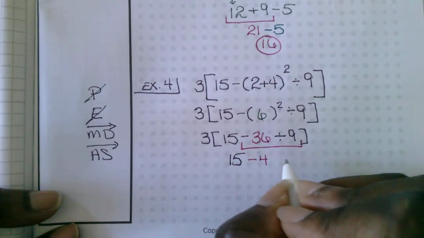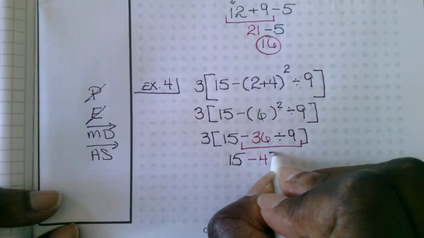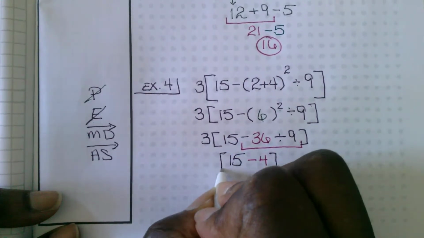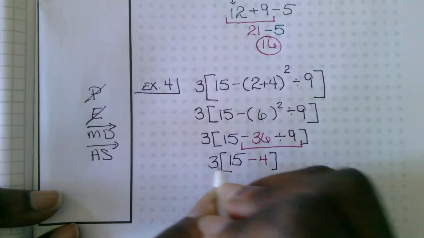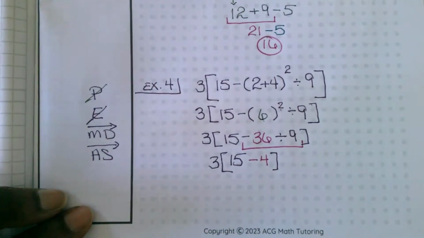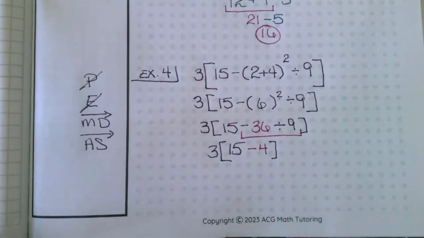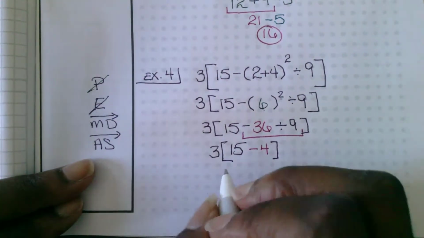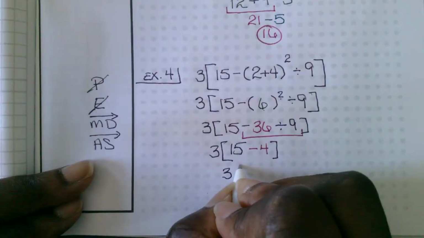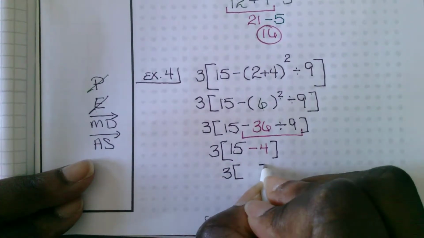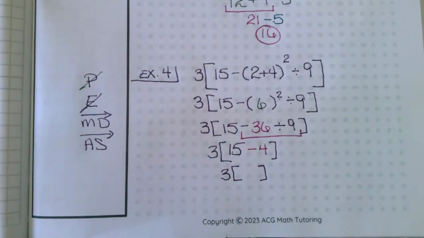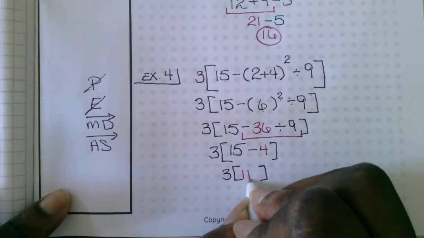So here's my 15. Okay, here's my bracket. And here's my 3. So we're still handling things inside this bracket. So that means we are going to bring down our 3, but inside the bracket, we have 15 minus 4. That gives me 11.